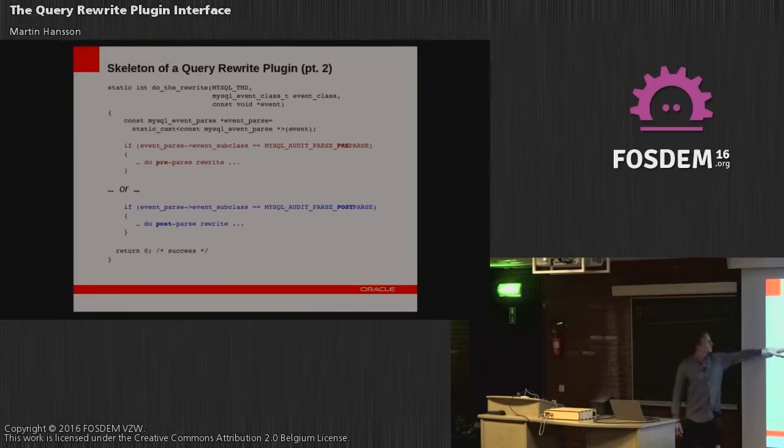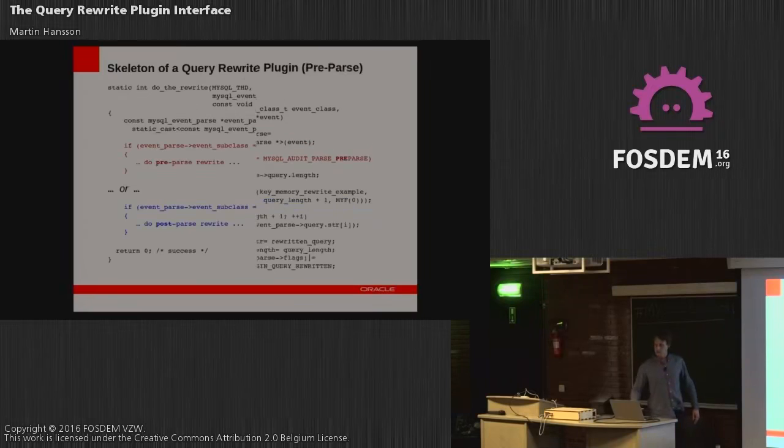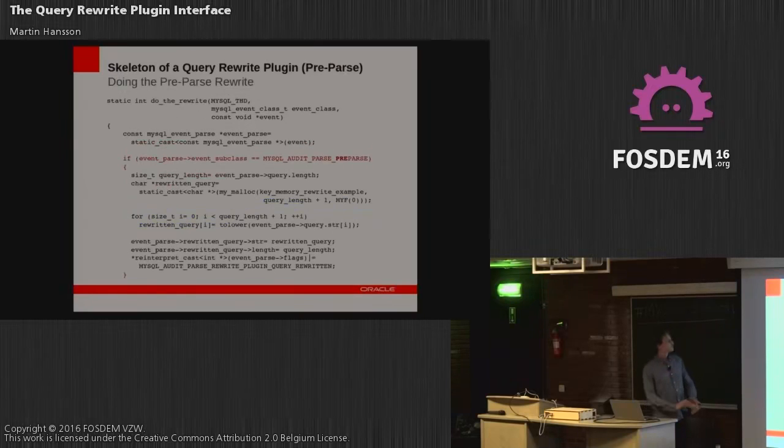So now I'd like to get into this piece here, where we do the pre-parse rewrite. So this is simplistic. We allocate a new string, same length as the old one, with room for a new character. We just loop through it, copy everything, and change it to lower.